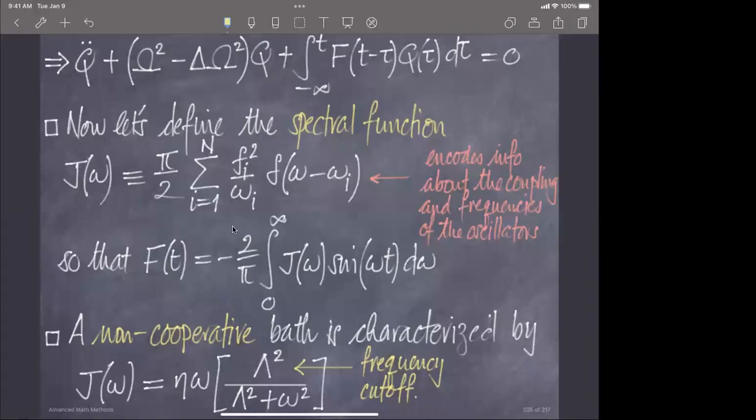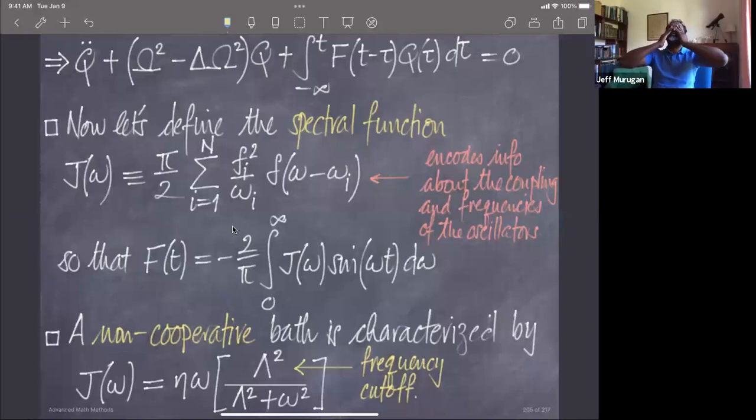Yeah, I have one question regarding the memory function. What does it remember? Why is it called a memory function? Okay, so the memory function encodes the way the system behaves for different couplings of the problem.